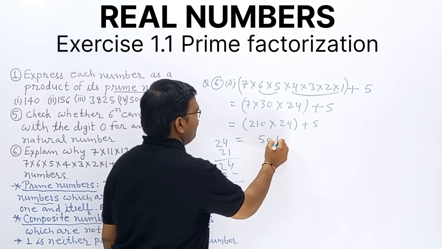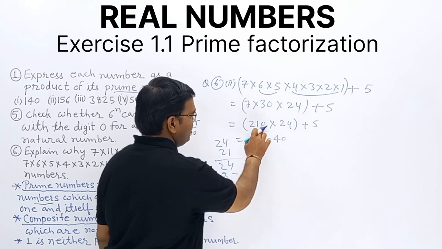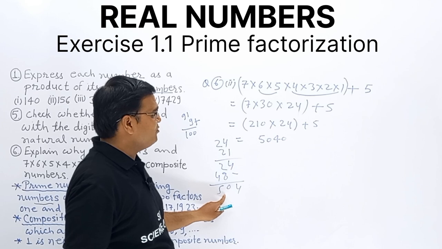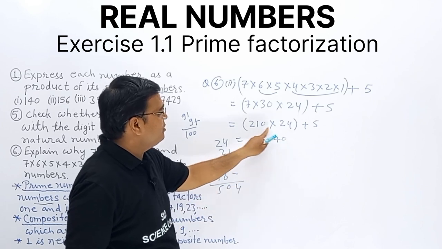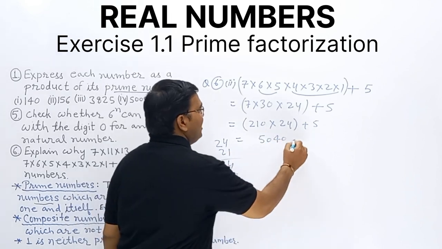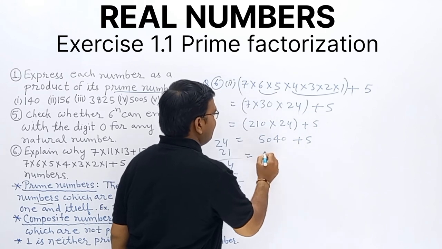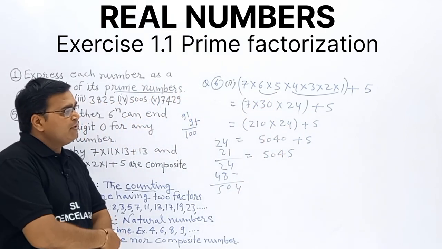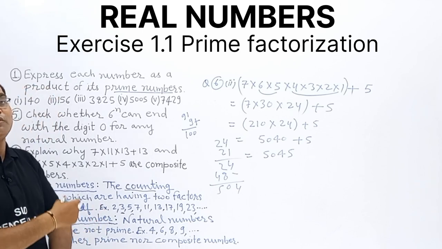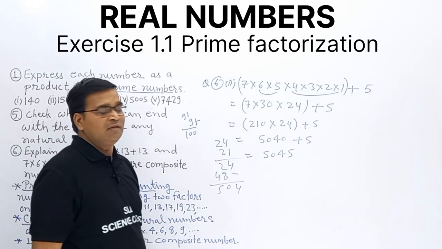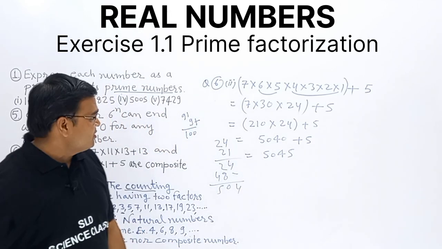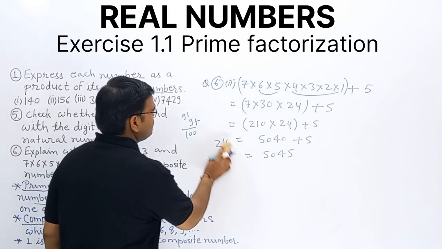We are getting 5040. The product of 24 into 21 is 504 with a 0. Then add 5. What are we getting? 5045. Now by observing we can say it has more than 2 factors, so this is not prime. This will be composite. Just do the prime factorization.